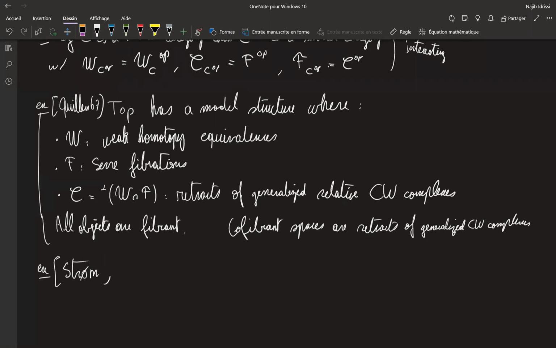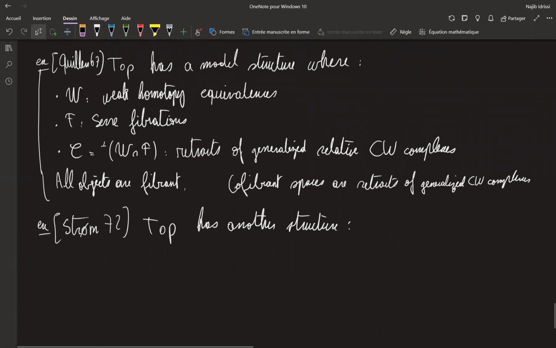So Strøm in '72 found a model structure where you have another structure. So W are strong homotopy equivalences. This is some kind of a weird example because here the weak homotopy equivalences already satisfy the Whitehead theorem, which is to say that they have a homotopy inverse.